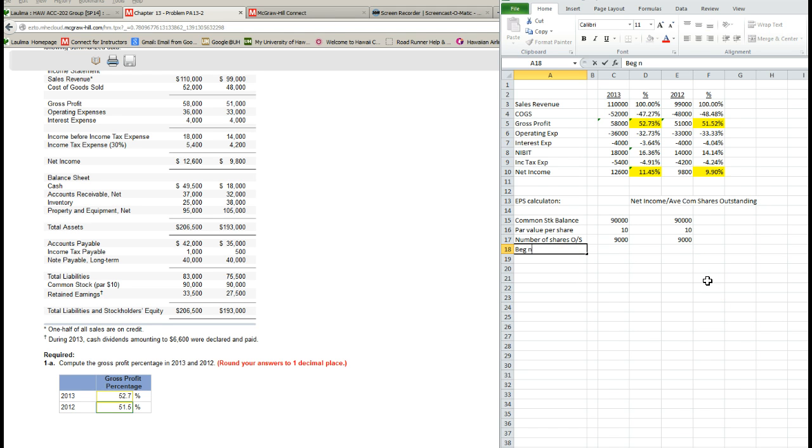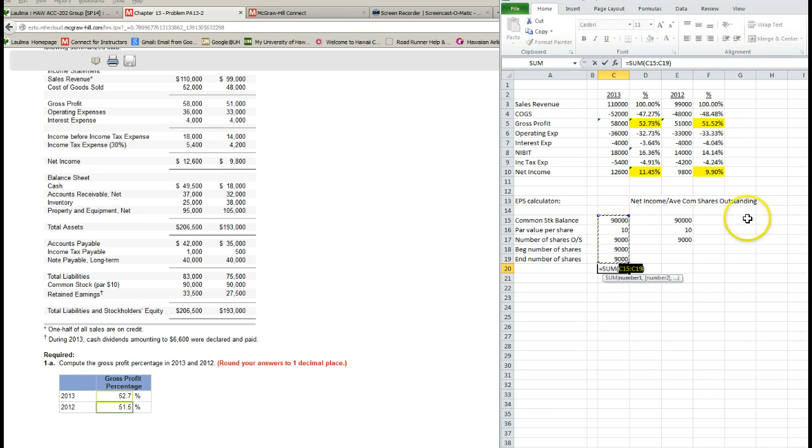So what that is telling us for this calculation is that the beginning number of shares for 2013 is 9,000, because that's the number we just calculated for the end of 2012. And the ending number of shares for 2013 is calculated right above, is also 9,000, and we need to calculate the average number of shares outstanding.